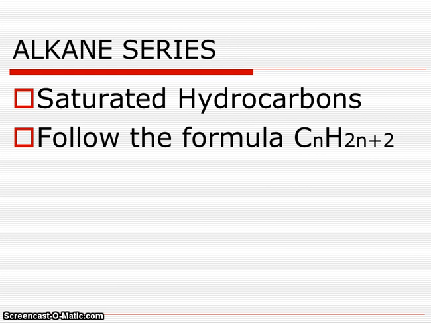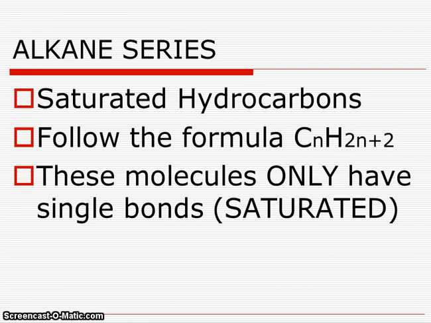If n equals 5, we would have 5 carbons, and 2 times 5 plus 2, or 12 hydrogens. All alkanes are considered to be saturated hydrocarbons because they only contain single bonds.